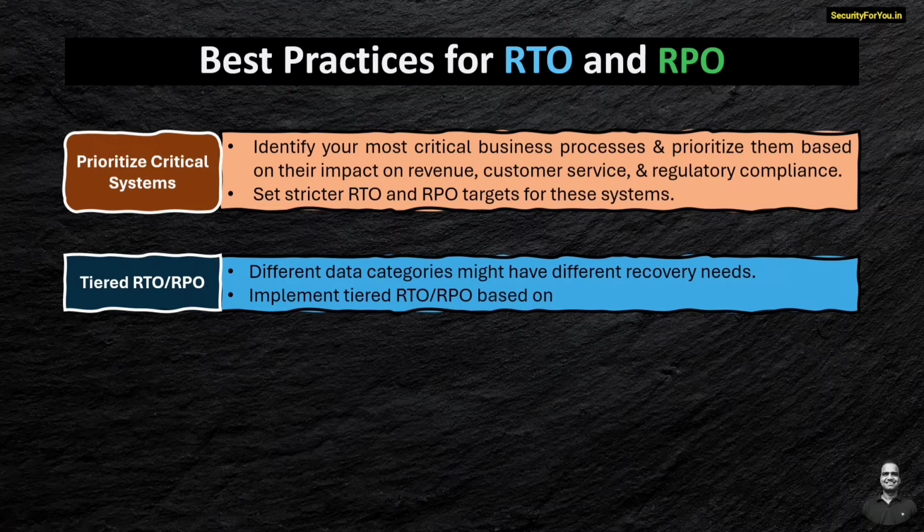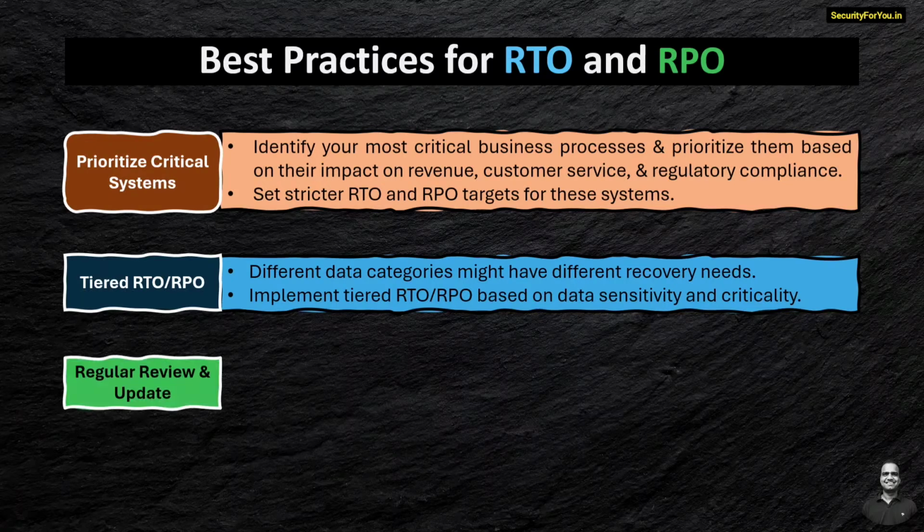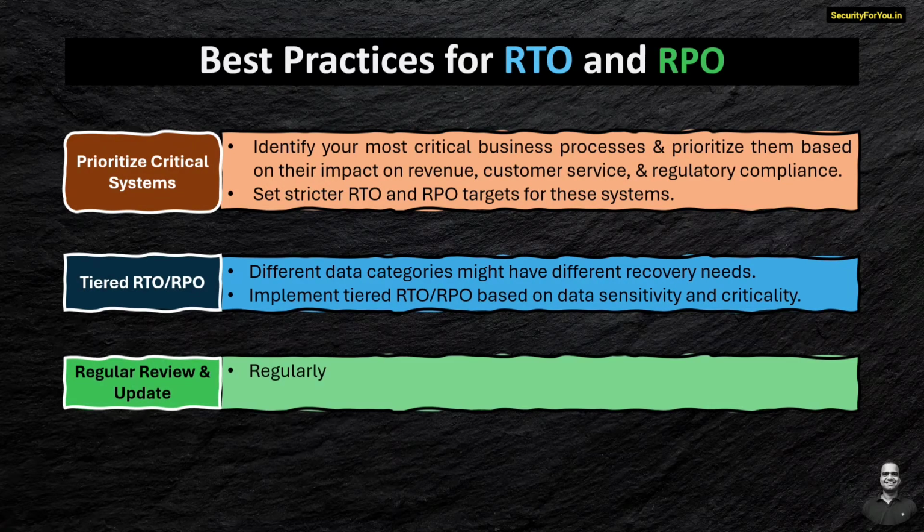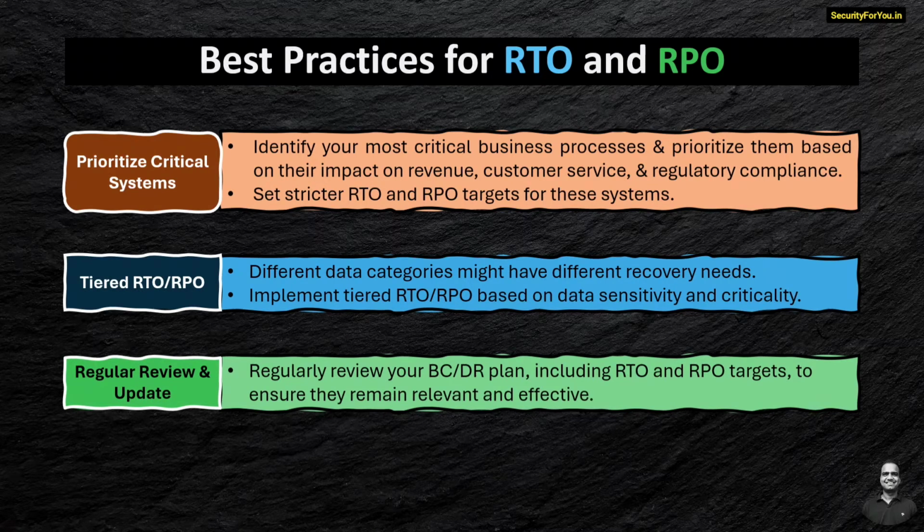Implement tiered RPO and RTO based on data sensitivity and criticality. Regularly review and update your business continuity and disaster recovery plan, including RTO and RPO targets, to ensure that they remain relevant and effective, since the business landscape and threat environment are constantly evolving.